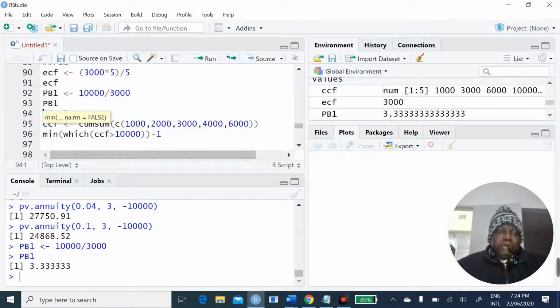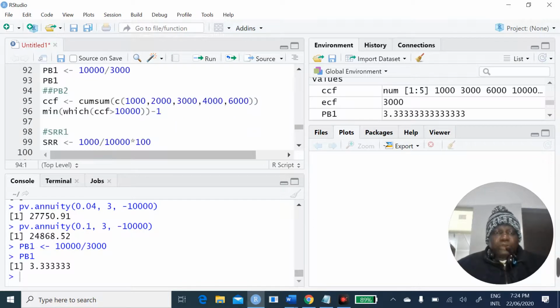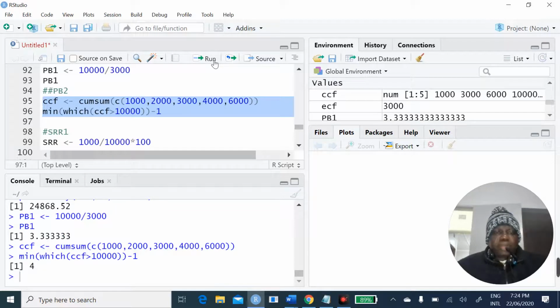We have minimum which CCF greater than 1,000 minus 1, so that we want it where the add up is 10,000. So if you run this, for instance, it's going to give you 4 years straight away. Yeah, that's 4 years.